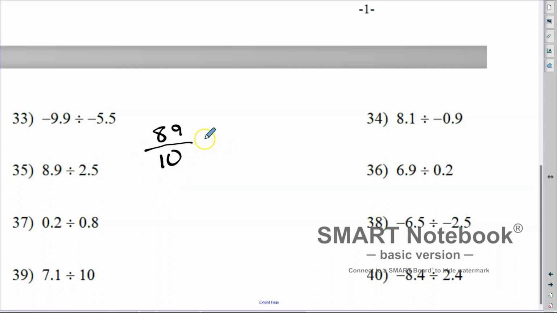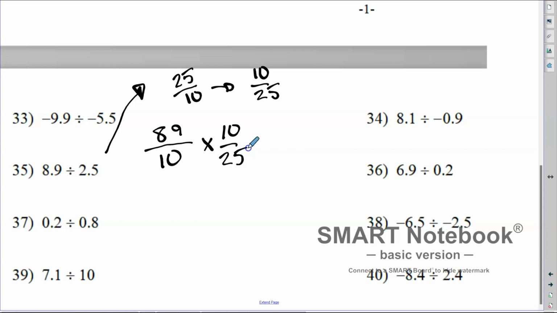And if we decide to multiply it by the reciprocal, let's keep in mind that 0.25 is 25 hundredths, right? If we decide to multiply by the reciprocal, then we have 100 over 25. So then we could take that and multiply by 100 over 25.